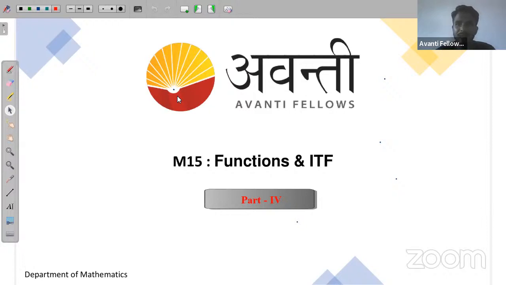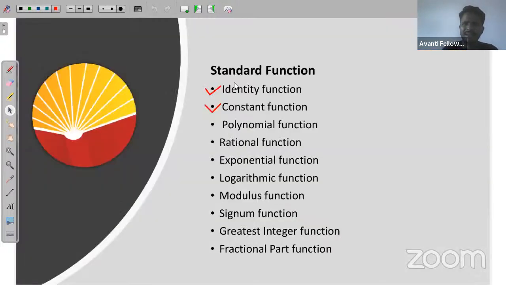And the last thing we covered was the range, domain and codomain. Before ending the class, we discussed the standard functions. We covered only two basic standard functions, that is identity functions and constant functions.